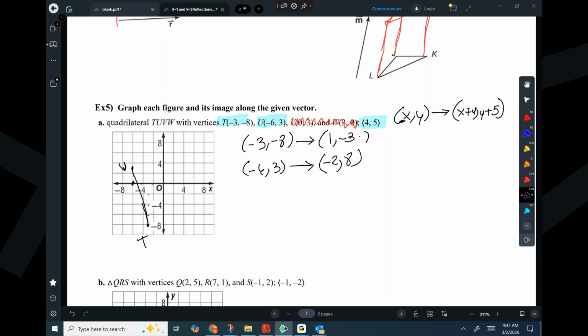1, negative 3. 2, 3. That's here. I'm actually going to change my pen for this. That's here. And what are we going to call that? What is that point called? Yeah, that's it too. What am I doing? What did I just say? 1, negative 3 is here, yes?